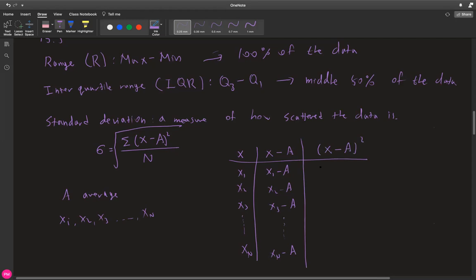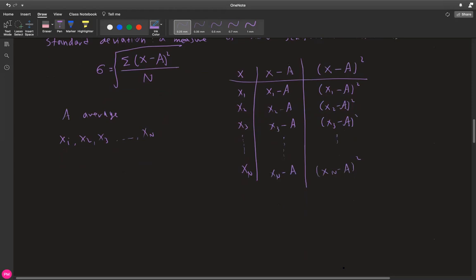So it's x1 minus A squared, x2 minus A squared, x3 minus A squared, all the way up to the last value, xn minus A squared. And now we have the squared deviation.